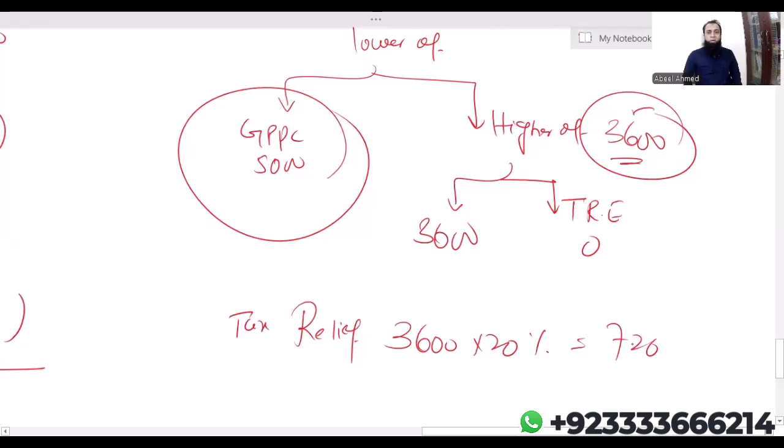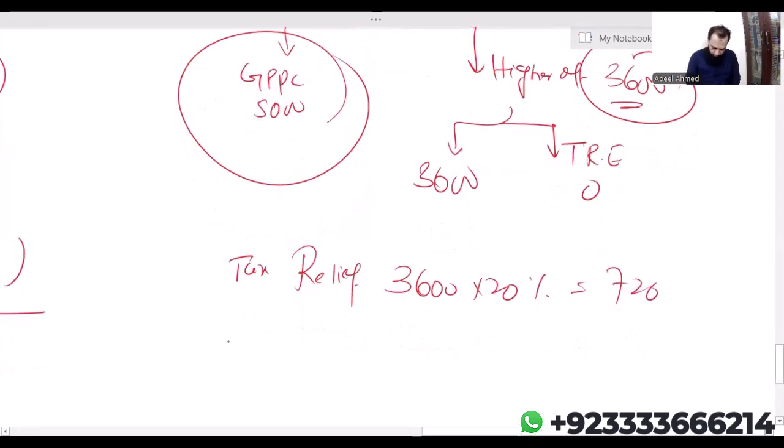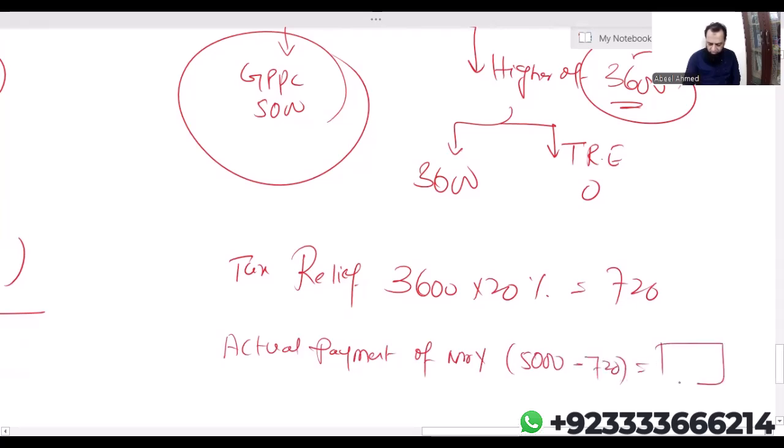If 720 is paid by HMRC, then what is the actual contribution of Mr. Y? Gross PPC is 5,000, but 720 is paid by HMRC, so his actual payment is 5,000 minus 720, which is 4,280.